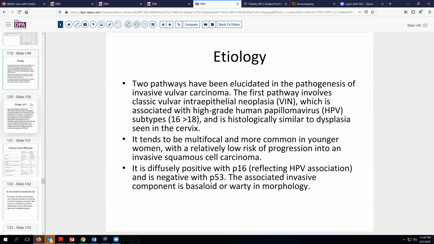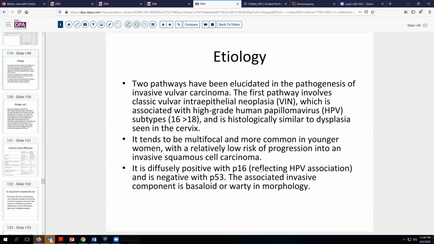So what's the etiology for squamous carcinomas in the vulva? Well, there are two principal pathways that we've mentioned. The classic pathway, which progresses through VIN and is associated with the high-risk HPV viruses, usually 16, more commonly than 18. And it's similar to that which we see in the cervix. It can be multifocal, more common in younger women, and have a somewhat lower risk of progression into invasive squamous carcinoma.